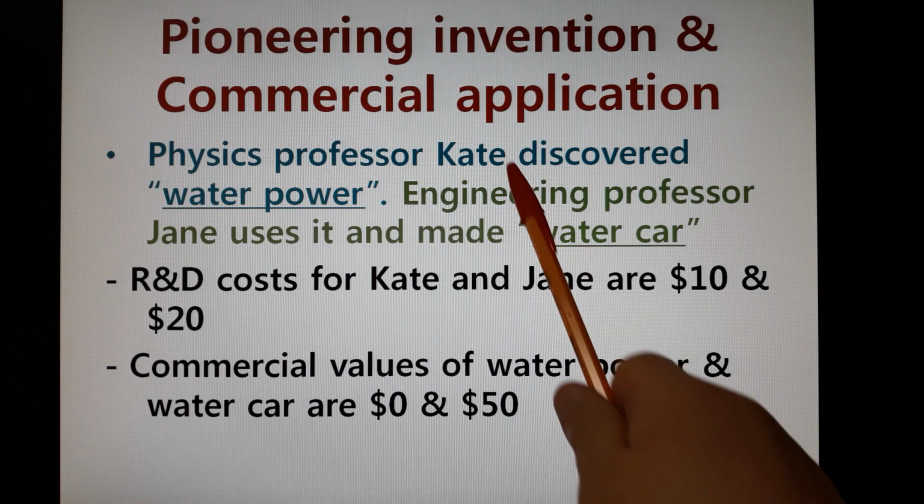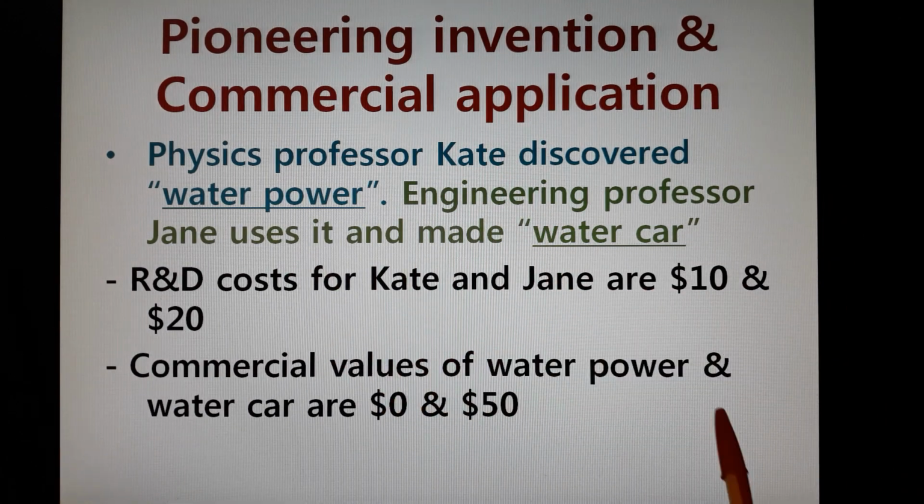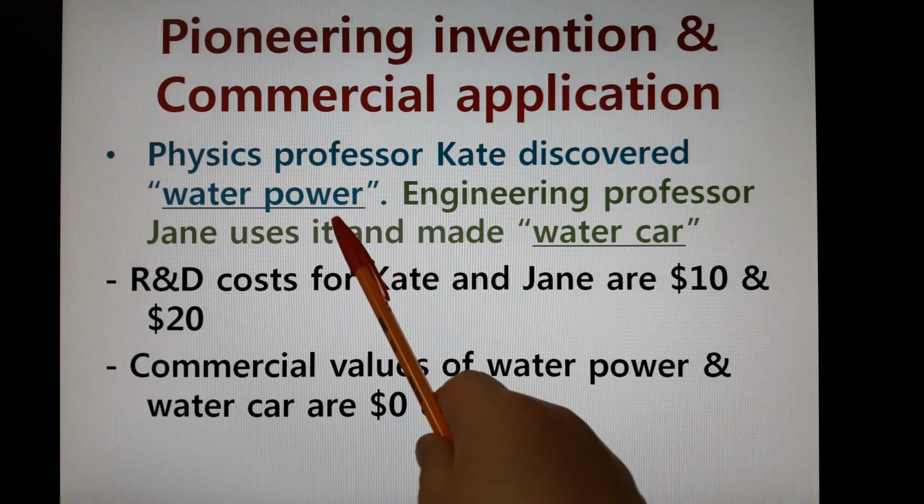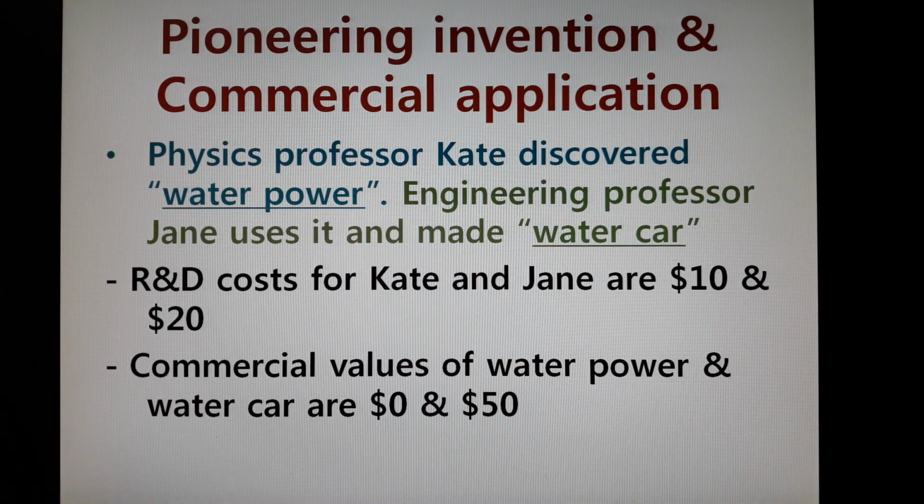So Kate will get all the profit if the water car is invented. The problem is, the physics professor Kate discovered the water power theory, and she really wants someone to invent the water car.